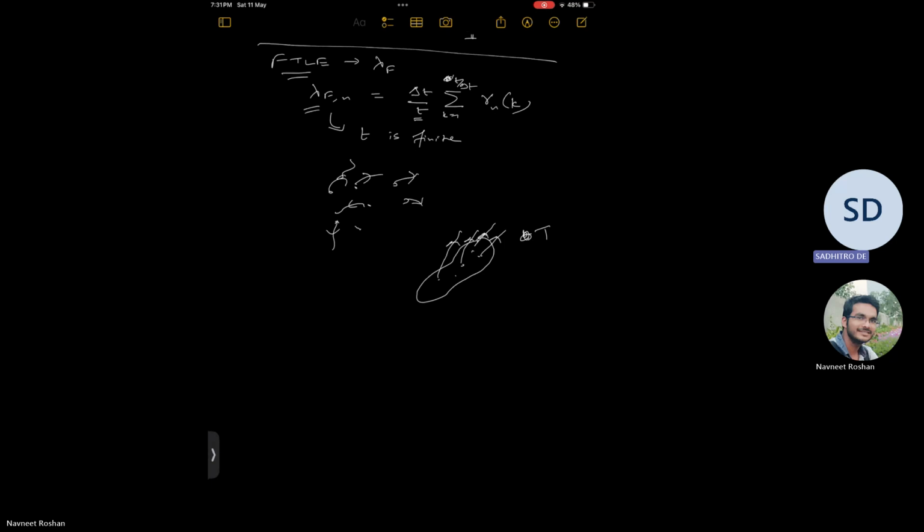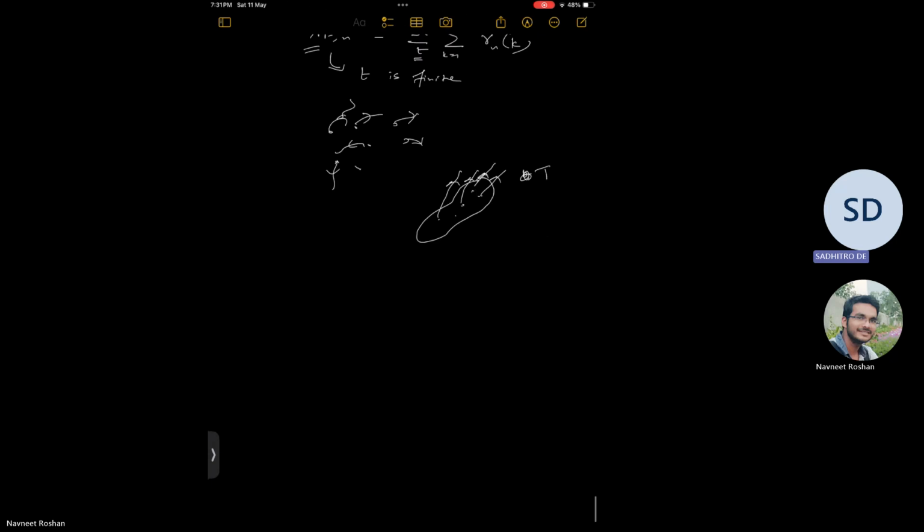So if you plot a map of lambda as a function of the initial position of each particle, so lambda is evaluated for each particle in the flow, and if you plot lambda as a function of the initial position of the particles, then you will get a graph which looks like this. So suppose I have a two-dimensional flow, this is x and this is y. Okay, you will see structures like that in this graph.